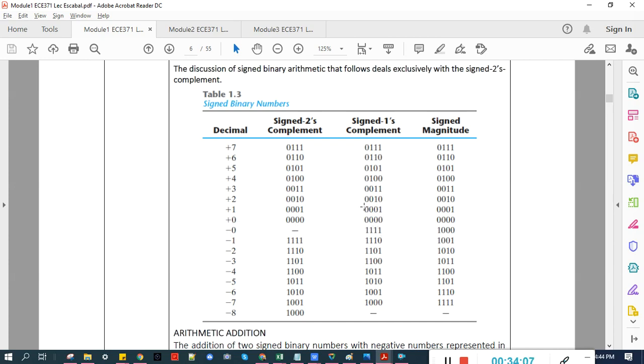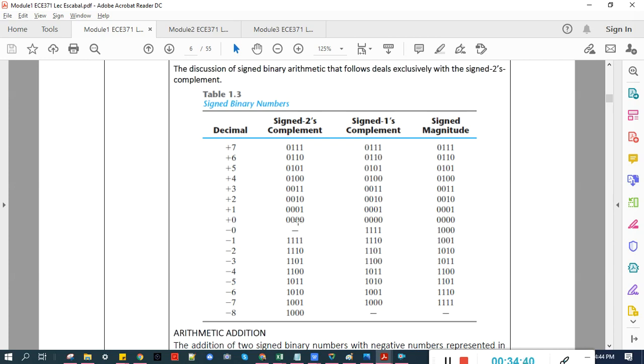For negative 1, we invert every bit of positive 1, so it becomes 1 1 1 0. For positive 2, if we want to get negative 2 using signed 1's complement, we invert every bit, so it's 1 1 0 1. That's why negative 2 here is 1 1 0 1, and so on.